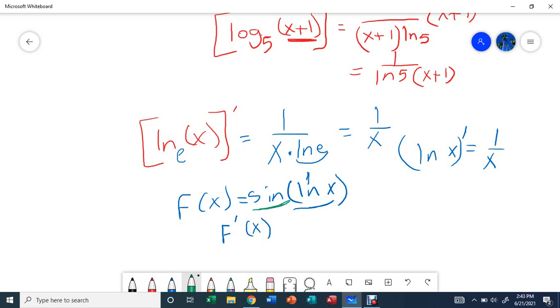So let me remind you about the chain rule.